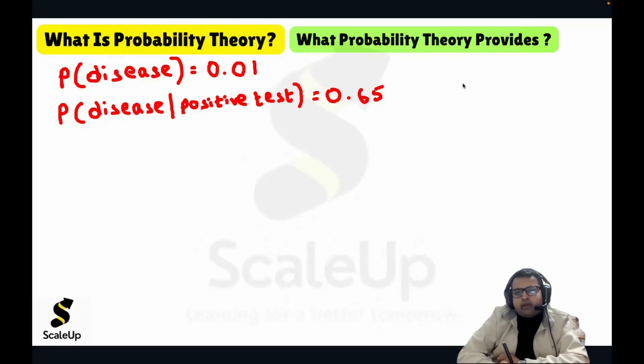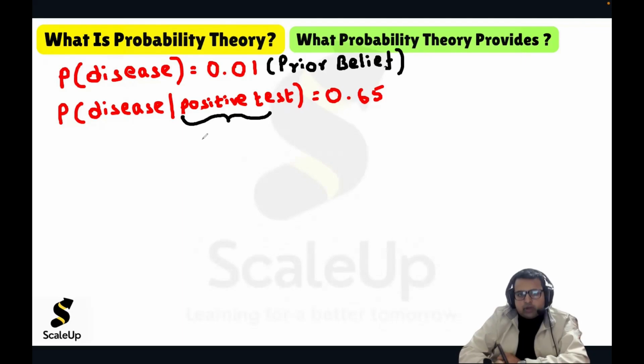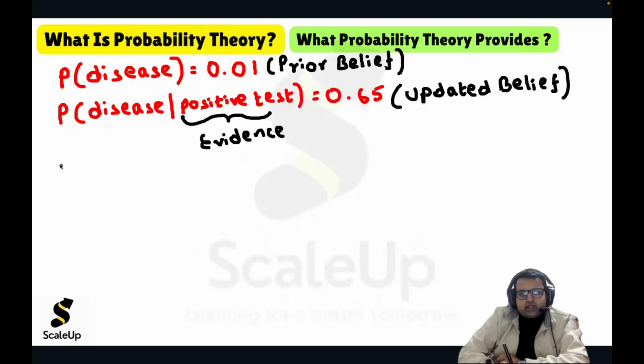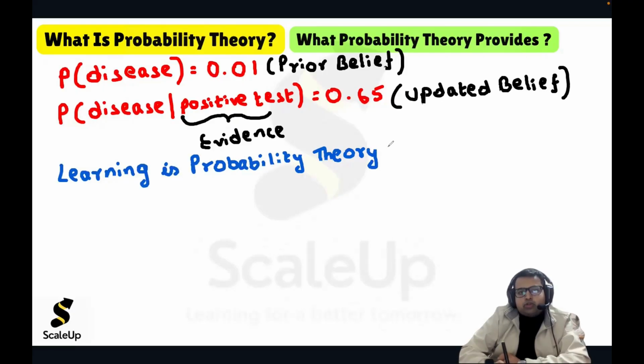So here, we had a prior belief, but with the evidence the belief got updated, and we got an updated belief. So we can say that learning is probability theory in motion.